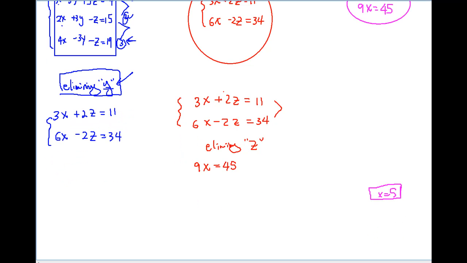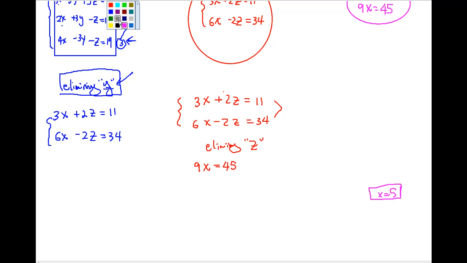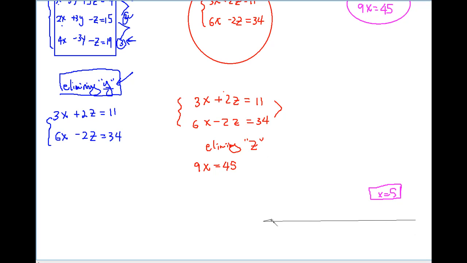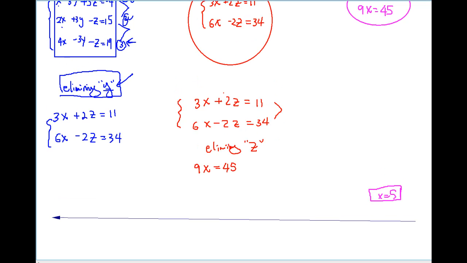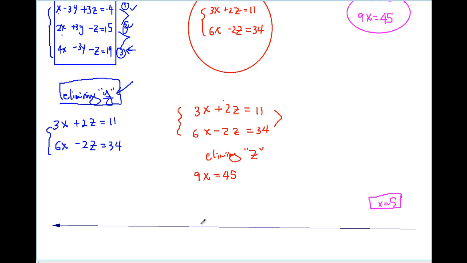Now let's go back down a little bit. I'm going to draw a line for us. Now this signifies that we're working backward now. The reason we're working backward is now we have one of the variables figured out. We want to see what the other variables are. So we're going backward by substitution to figure out the values of the other variables. So x equal to 5. Let's go back up a little bit so we can see here.